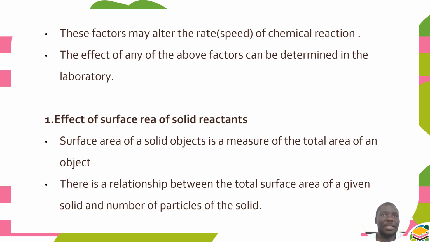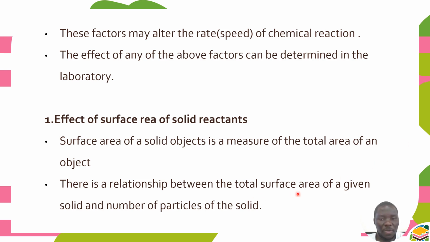The reason is that the other particles are locked inside, so they do not have any chance to come in contact with the reagent. Remember, we said for a chemical reaction to occur, one of the conditions is that we need to have successful collision between the reacting reactants. So if something is locked inside, there will be no successful collision between the particle and the reagent.